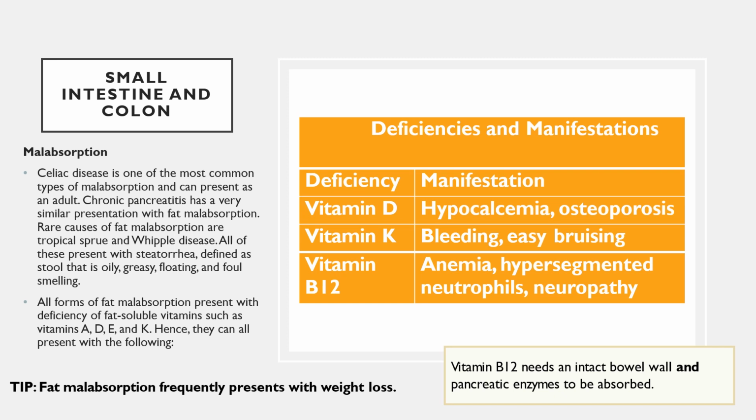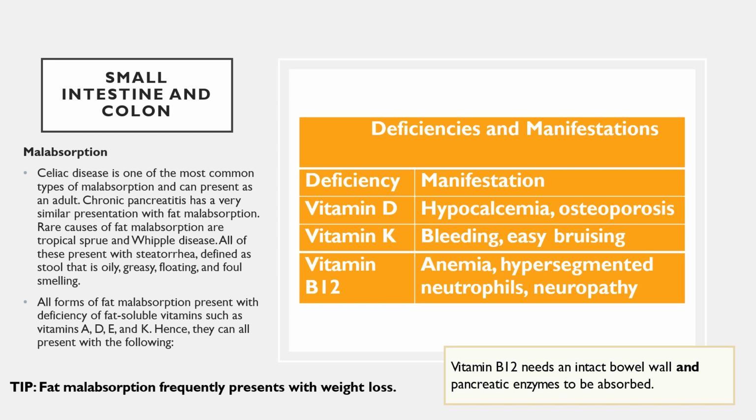Number two, if we have vitamin K deficiency, the manifestation is bleeding and easy bruising. And if we have vitamin B12 deficiency, the patient presents with anemia, neuropathy, and hypersegmented neutrophils.